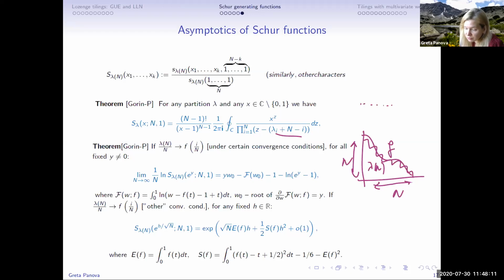So there are two different regimes. One is the LLT regime in some sense, and this is the regime for GUE that we were using.